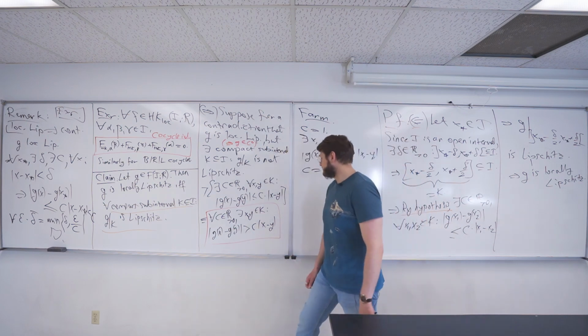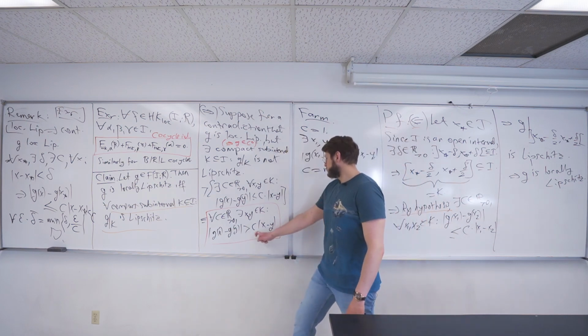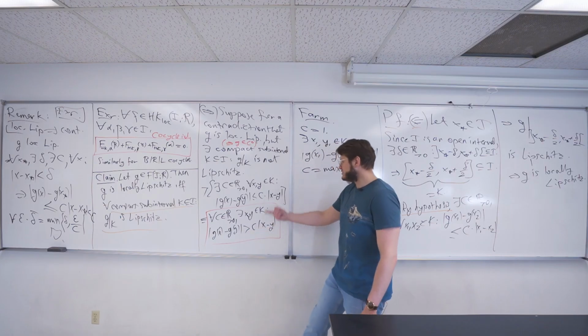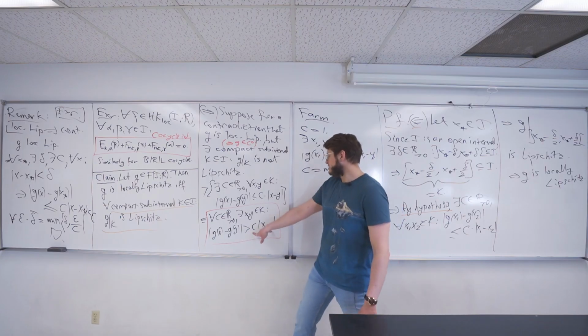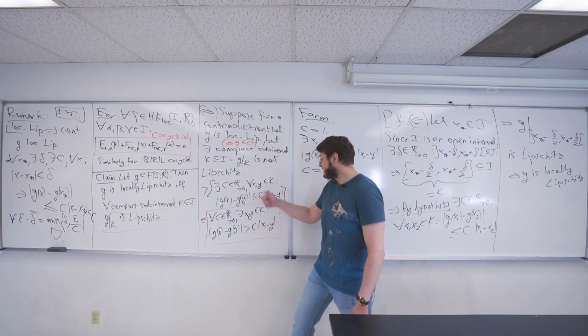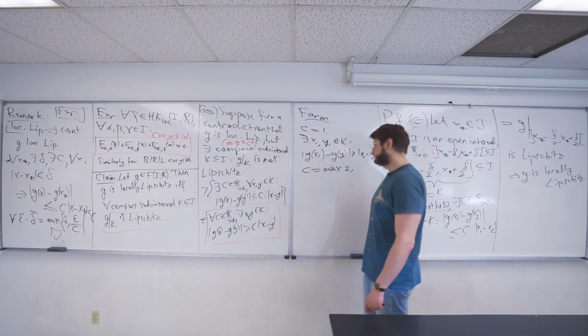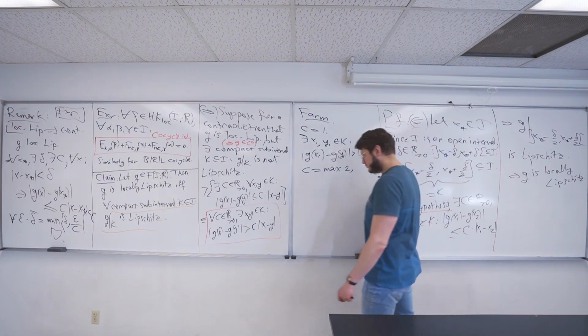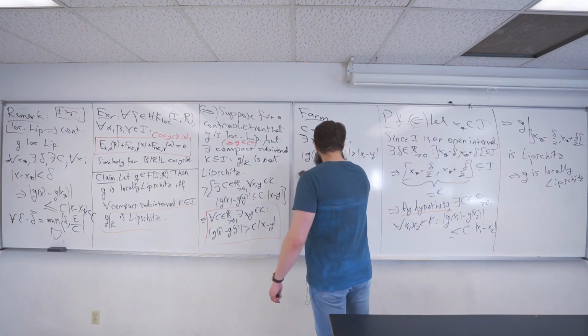So the trick here is I need to choose my C's in a sequential manner in such a way that this side, this lower bound, keeps increasing for sure. Okay, I think what I can do is this. Let's think about it slowly.